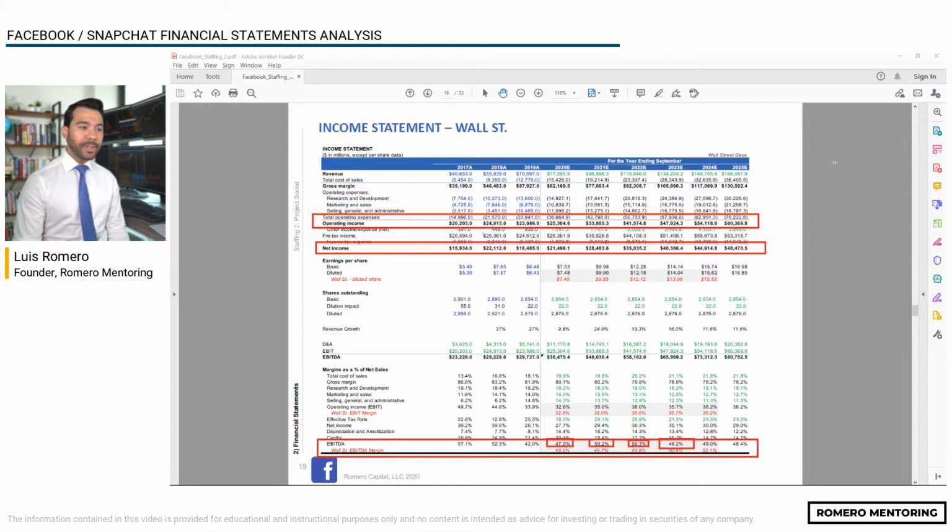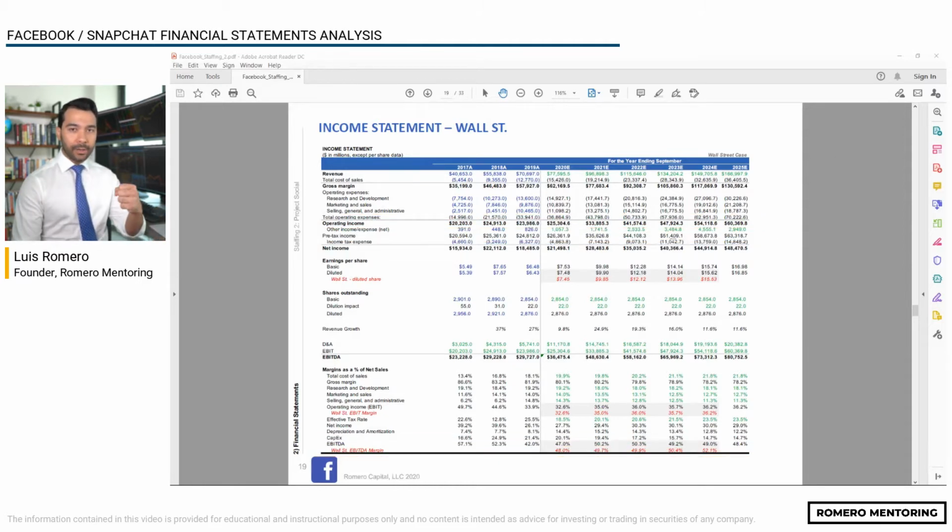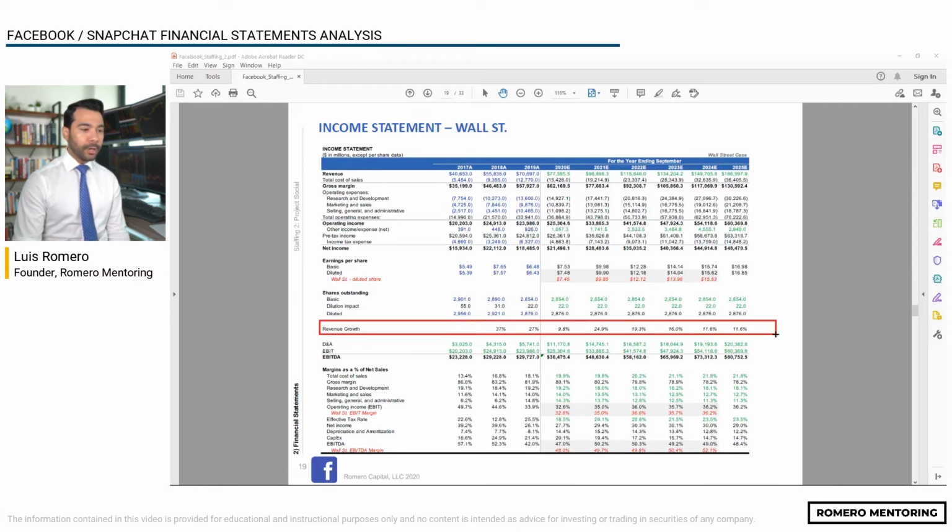So this is a healthy income statement when we're looking at the profitability and also at the margins. The other thing you may want to incorporate when reviewing the income statement is revenue growth. Look at 2018, revenue grew by 37%. Look at 2019, it grew by 27%. And what the Street is expecting beyond 2020 is double digits: 24%, 19%, 16%, 11%.